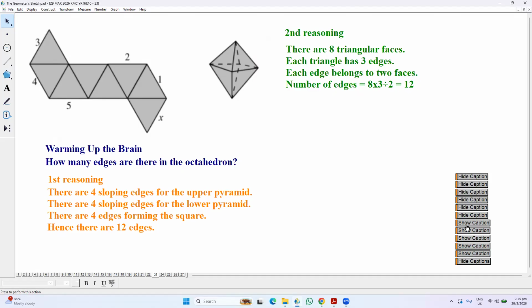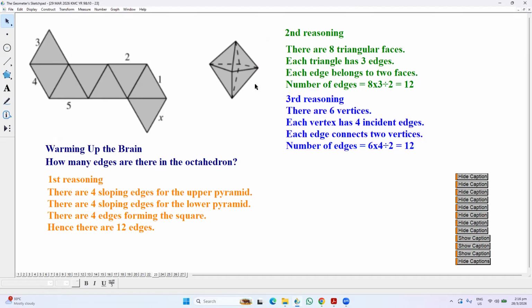Third reasoning. We count the vertices. There are 6 vertices. 2 vertices are vertices of the pyramids, and 4 vertices form the square. 6 vertices, each vertex has 4 incident edges.